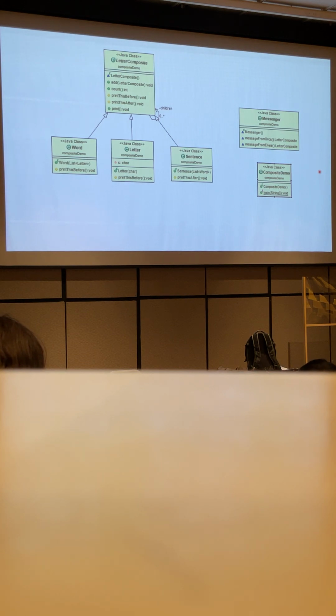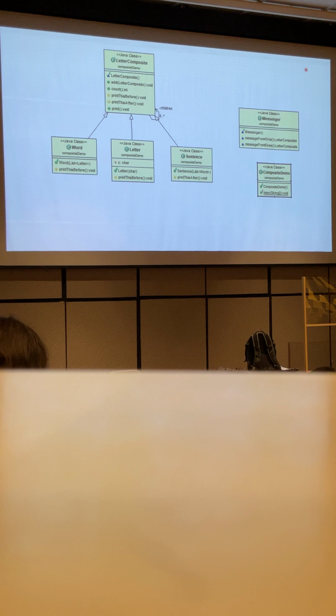And we can have more examples. Here's an example where we have a letter that consists of words. Words consist of letters. Letter consists of sentences. Sentences consist of words. Words consist of letters. At the same time, word, letter, and sentence are all letter composites, so there is inheritance here in addition to composition.